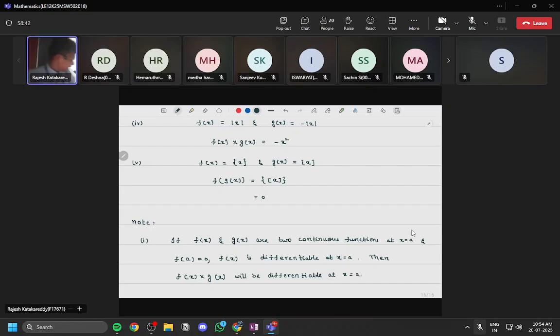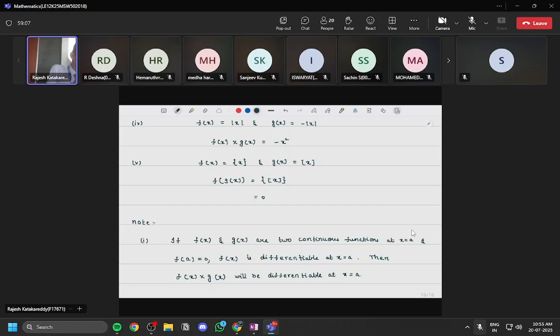See, this continuity rule cannot be broken. If you are having g of x differentiable, sorry, f of x differentiable, f of a is 0, g of x is discontinuous, the product may or may not be differentiable. Clear? One example I have given for this, x into mod x. x is differentiable, x will be 0 at 0.